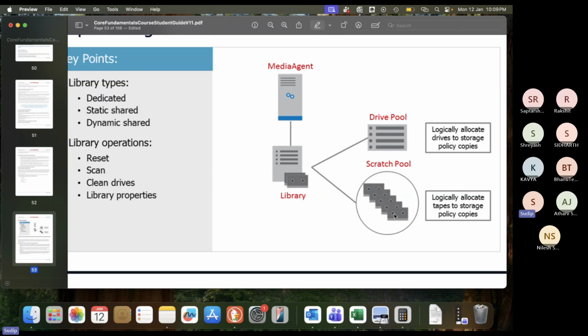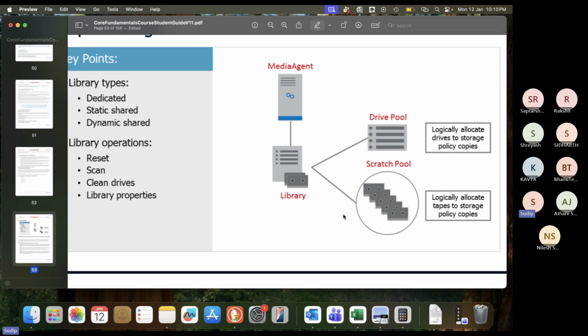Good question. When you have a tape library, let's say with 100 tape slots, you have to statically define which tape slots will be used as scratch. Out of 100, let's say you define 5 or 10 to be part of the scratch pool. Whenever you insert tapes in those slots, they will not be used to read and write actual data.